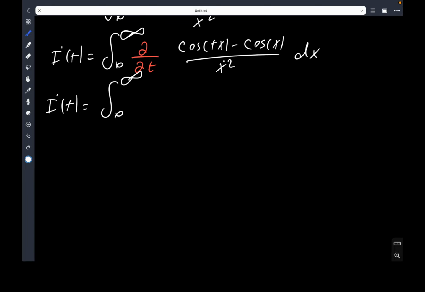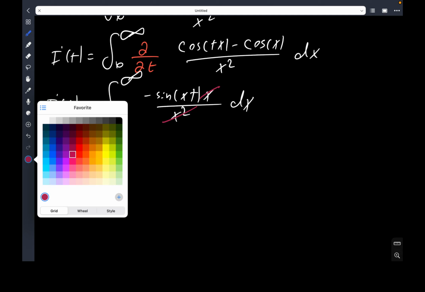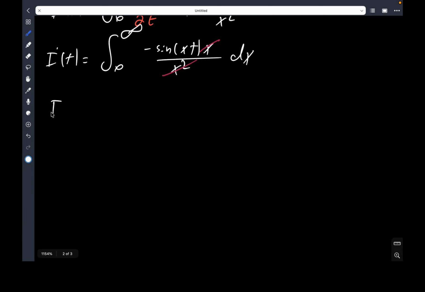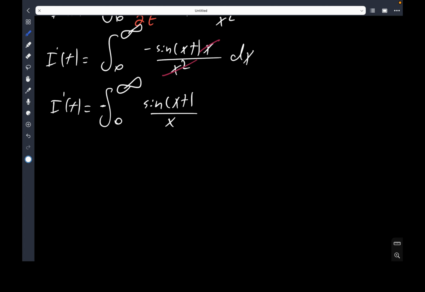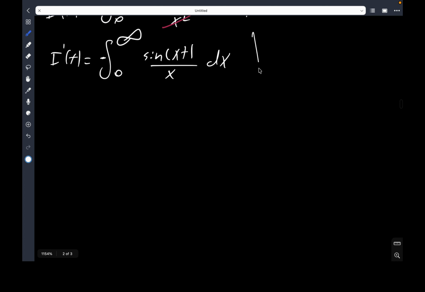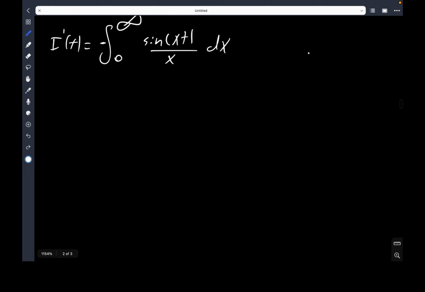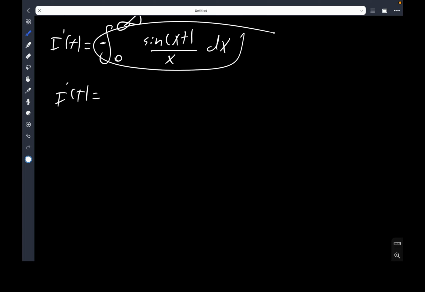This is also constant, so I'm gonna get negative sine of xt times x over x squared dx, and these two are gonna go away, and it's gonna give me I prime of t, the integral from 0 to infinity of sine of xt over x dx. And from the standard Dirichlet's integral, we can find out that this is indeed equal to negative pi over 2.